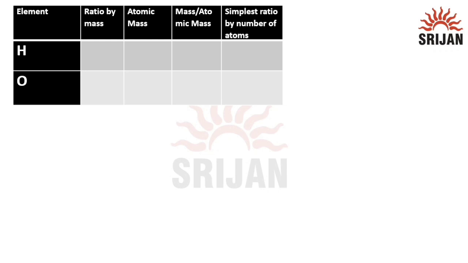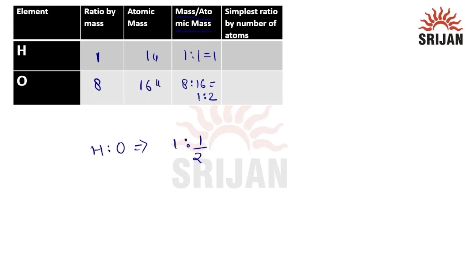The ratio by mass is 1:8. Hydrogen corresponds to 1 and oxygen to 8. The atomic mass of hydrogen is 1 and oxygen is 16U. Now I want to find the ratio of mass upon atomic mass. Then 1 by 1 is 1 and 8 by 16 is actually 1 by 2. Now the ratio between hydrogen and oxygen is 1:1/2, but it is not the simplest ratio.